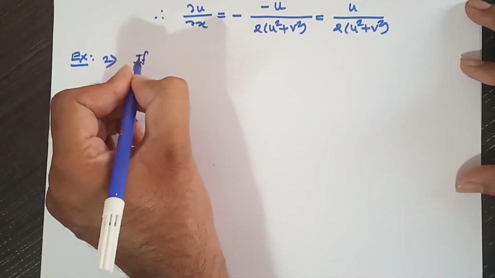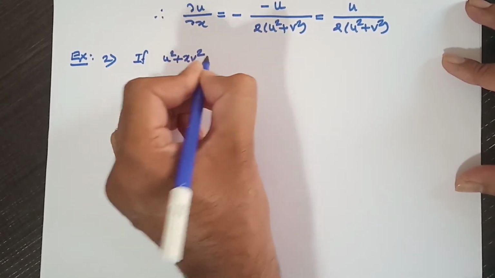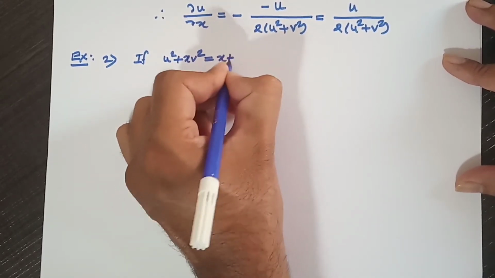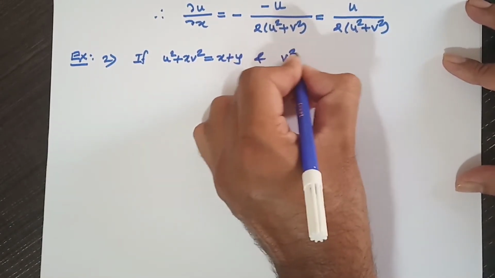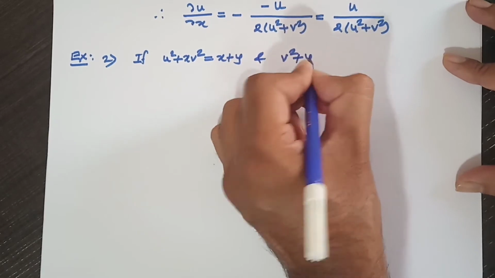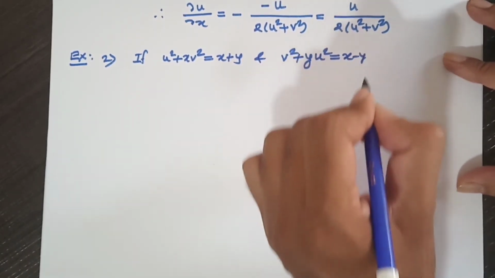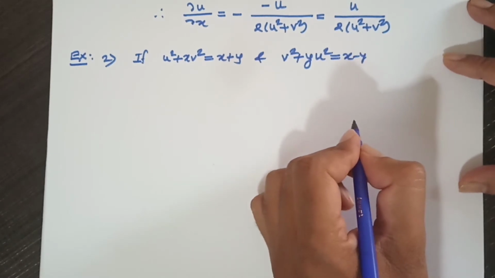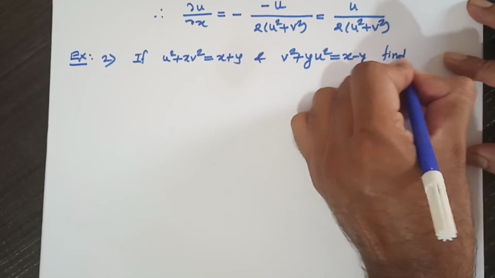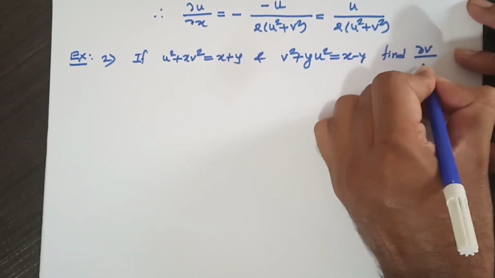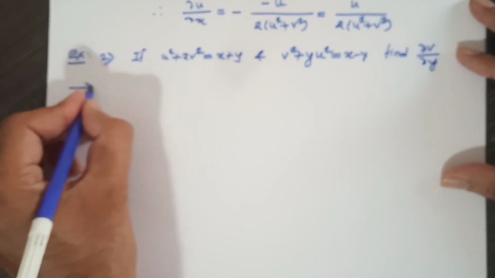If u square plus x into v square is equal to x plus y, and v square plus y into u square is equal to x minus y, then find the partial derivative of v with respect to x.